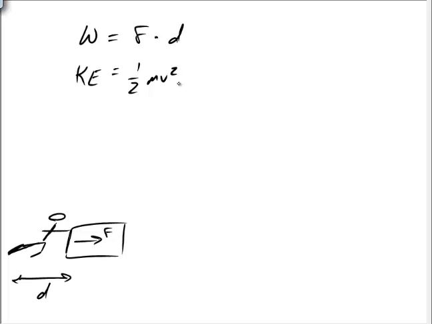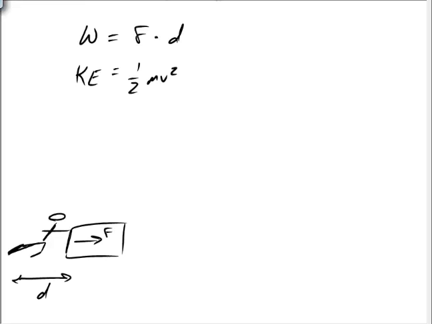Now this is quite a bit trickier than the previous proof, but we start with it anyway. Force is equal to mass times acceleration, and I'm still going to multiply times the distance.